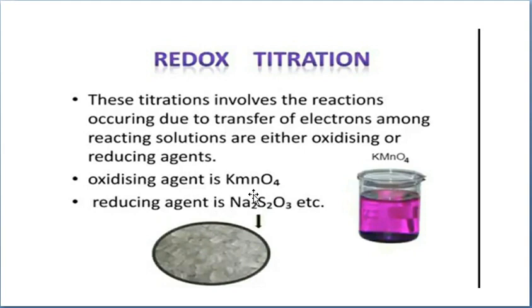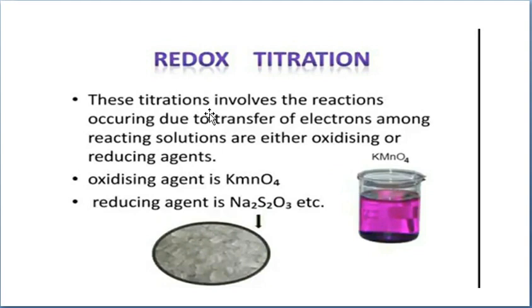Okay, here I have given you one example, potassium permanganate KMnO4 versus sodium thiosulfate, Na2S2O3. Here the manganese undergoes reduction, and the other undergoes oxidation. So generally redox titration is nothing but both oxidation and reduction undergo simultaneously.